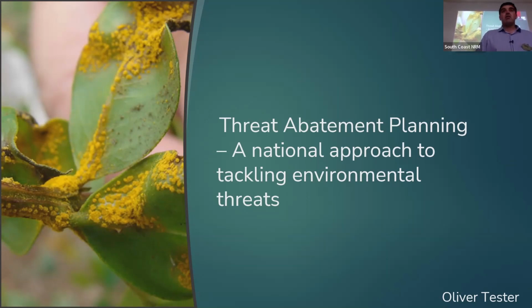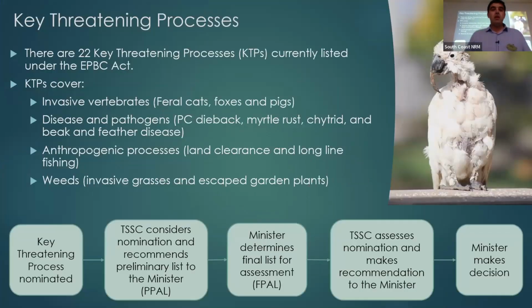And today I'm going to take you through some of the processes of how we handle threats under the EPBC Act. So the first step in managing a national environmental threat is for the threat to be formally recognised and listed under the EPBC Act.